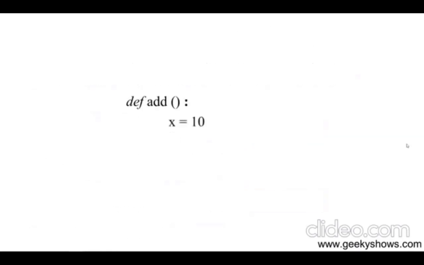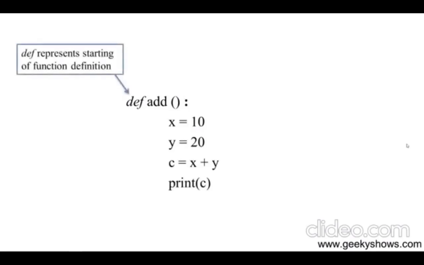Example definition: def add is the function name. The local variables are x equal to 10 and y equal to 20, and we perform an addition of them and print it. These are local variables which are limited only to that function. We cannot use them elsewhere outside the function definition.